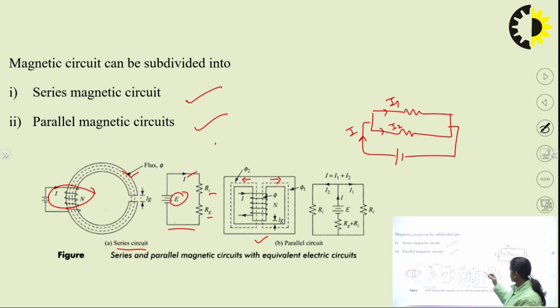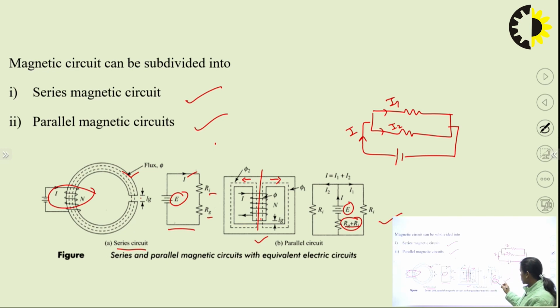So the equivalent electrical circuit is drawn here. In the middle branch you can see the coil. So MMF will be replaced with EMF. Then there will be some reluctance of this middle path, represented as a resistance here, because in the middle path we have the core and the air gap.